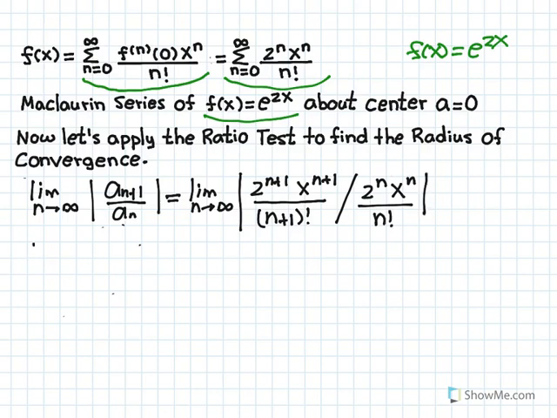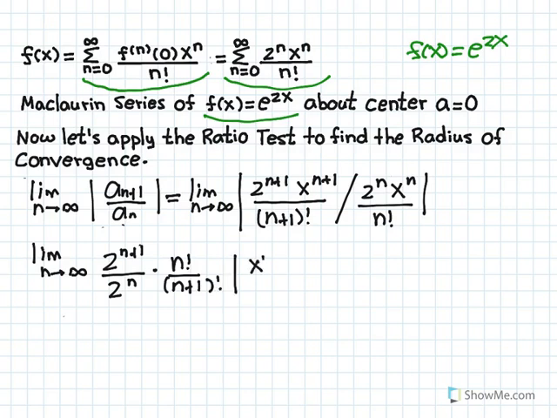Now let's simplify this. We get the limit as n approaches infinity of 2 to the power of n plus 1, divided by 2 to the power of n, times n factorial, divided by n plus 1 factorial, times the absolute value of x to the power of n plus 1, divided by x to the power of n.